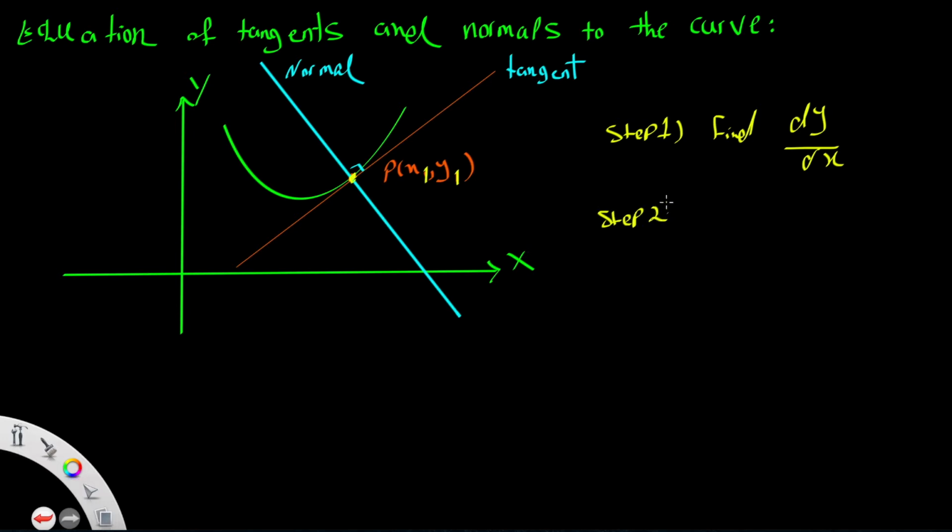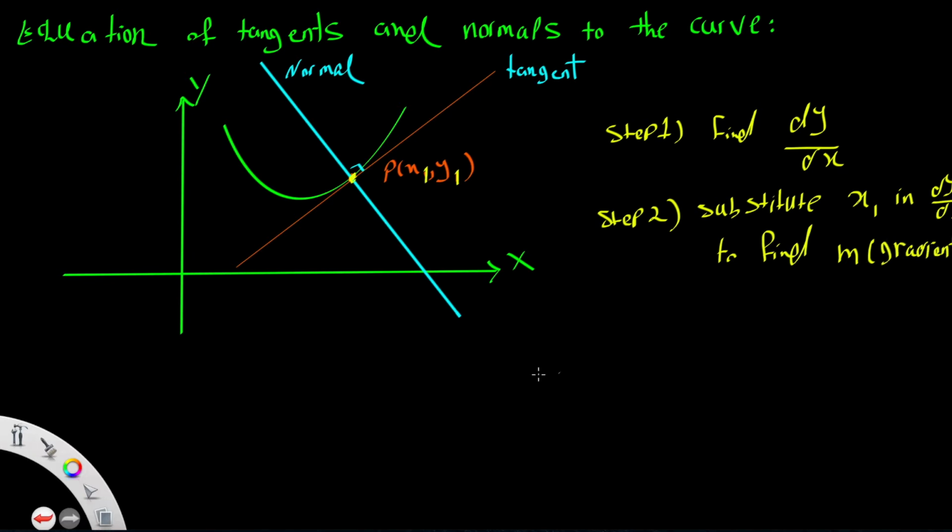Step 2: we substitute x1 in dy/dx to find m, which is the gradient of the tangent to the curve.